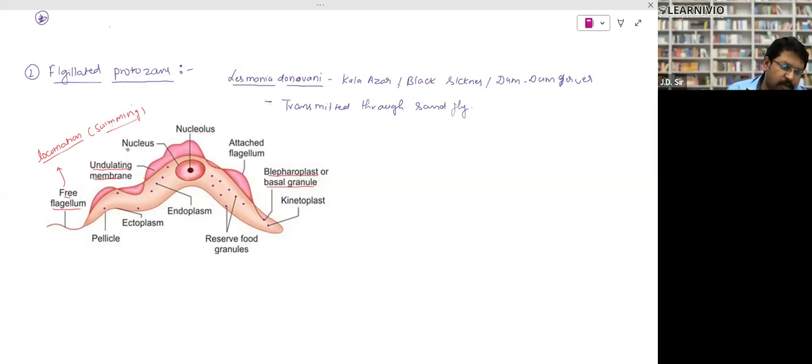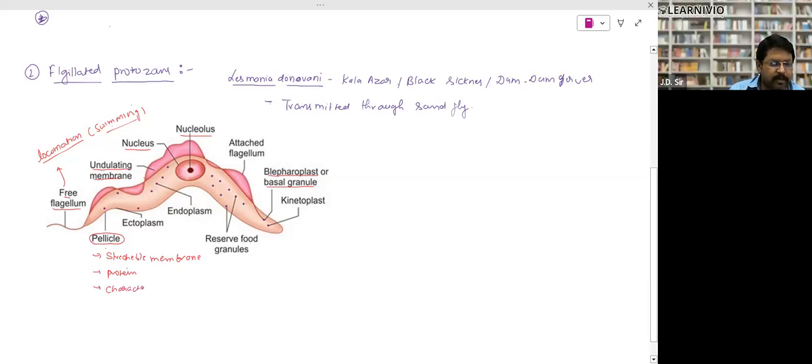It has a large nucleus and a small nucleolus, right? And the pellicle is present. I have already told you that the pellicle is a type of membrane. It is a stretchable membrane, and this membrane is made up of protein. And the pellicle is characteristic of what?